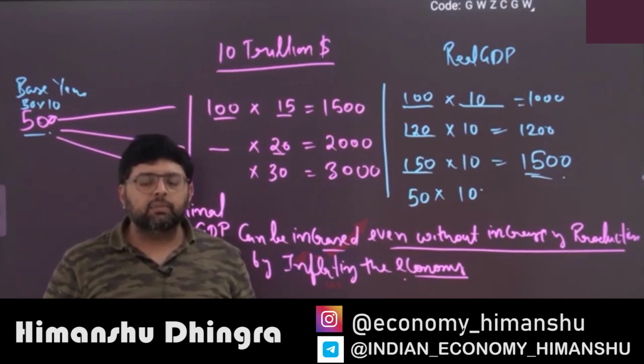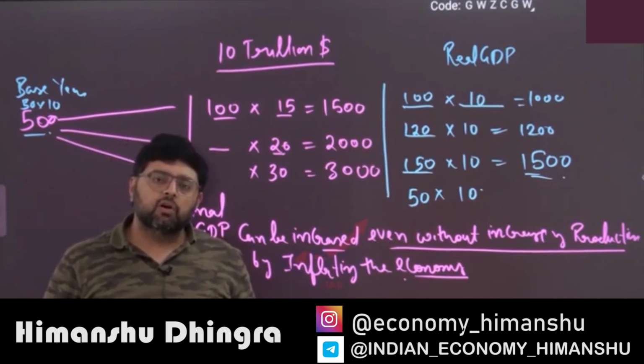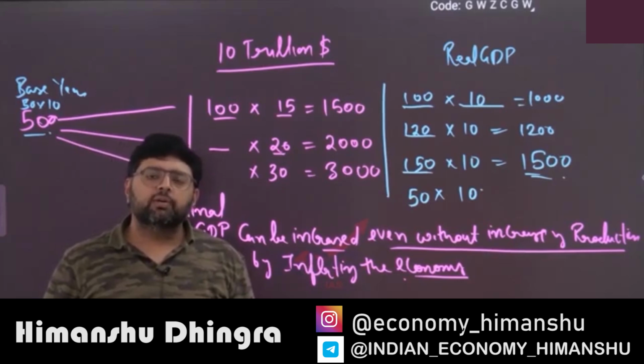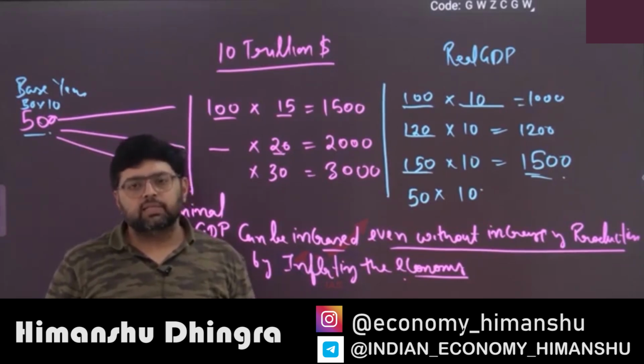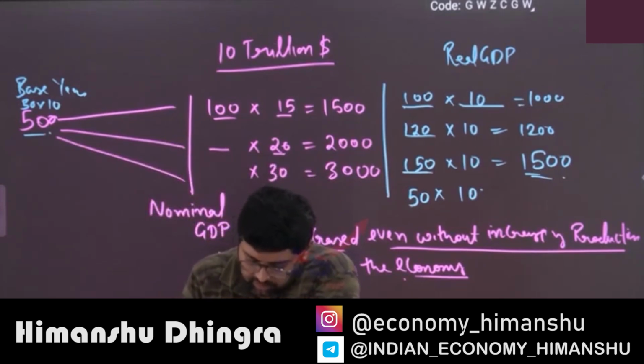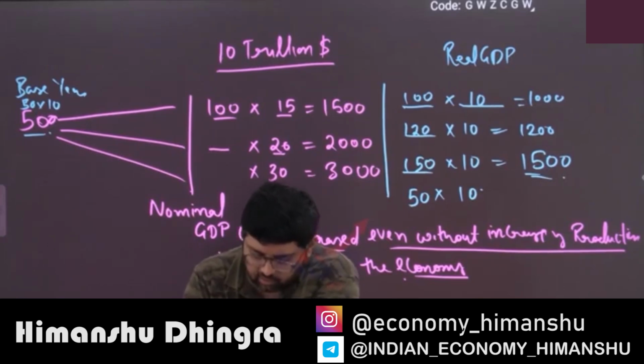So this statement comes with a condition: normally your nominal GDP will be more than real GDP, and this will be only when we assume that whatever production of goods and services we have in the base year, the same we have this year also. Clear? Is it clear to everyone? Please tell me in the comment section.